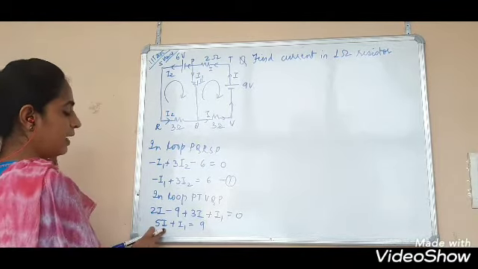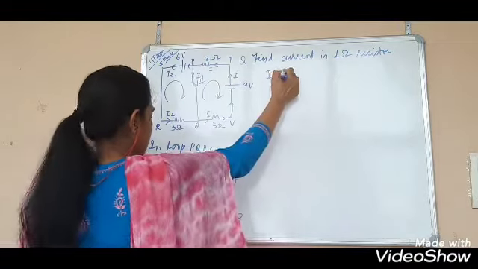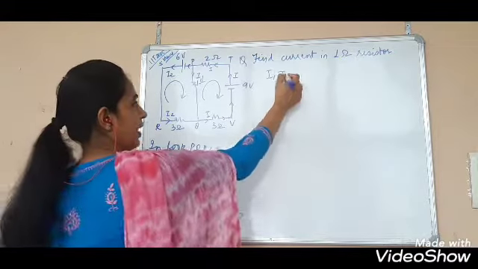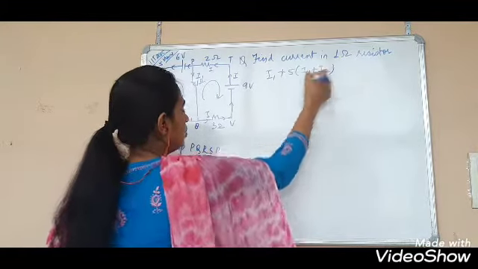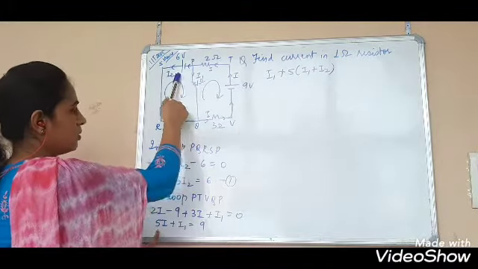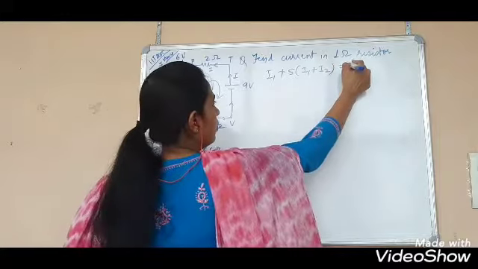Now writing I as I1 plus I2, because I was distributed into I1 and I2, we can write I1 plus 5 times I1 plus I2 equals to 9.